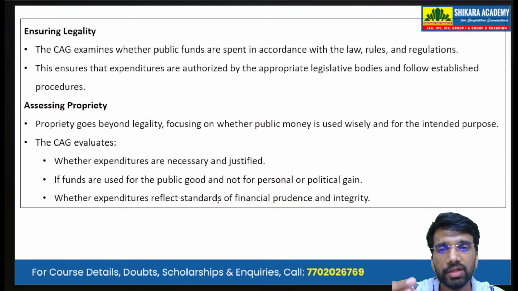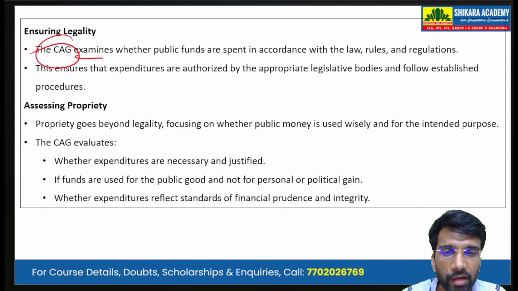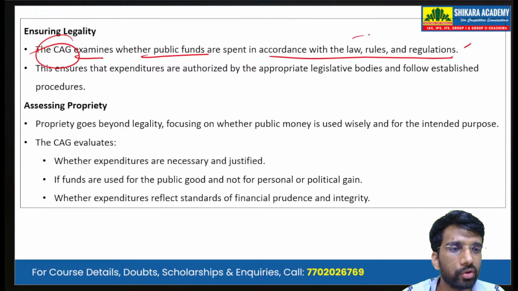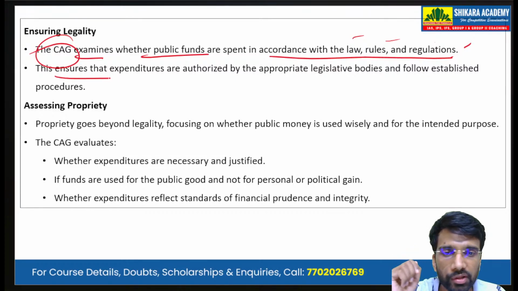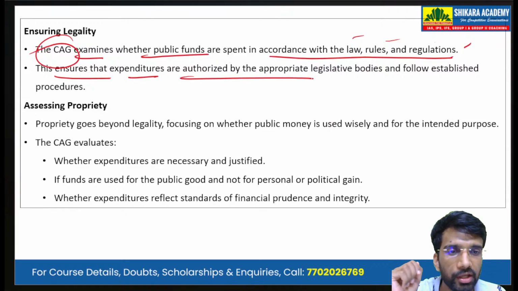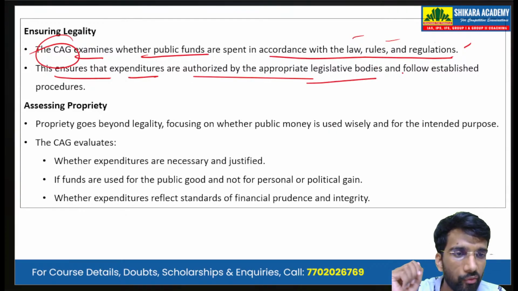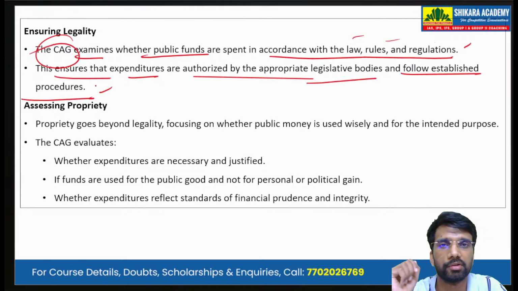Now, the role of the CAG in ensuring legality. The Comptroller and Auditor General examines whether the public funds are spent in accordance with the laws, rules, and regulations. It acts as a monitor. This ensures that the expenditures are authorized by the appropriate legislative bodies and follow established procedures.